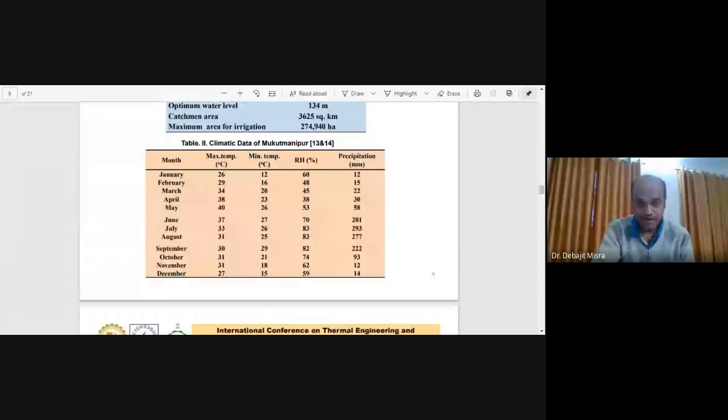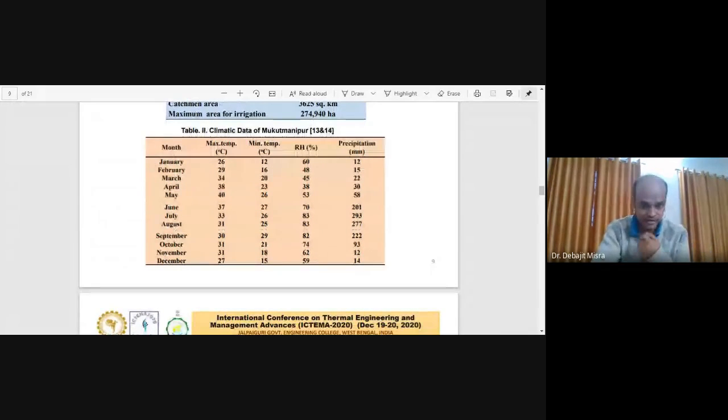We can see that the average temperature always remains at a moderate condition, and in summer it is sometimes above 40 degrees centigrade.